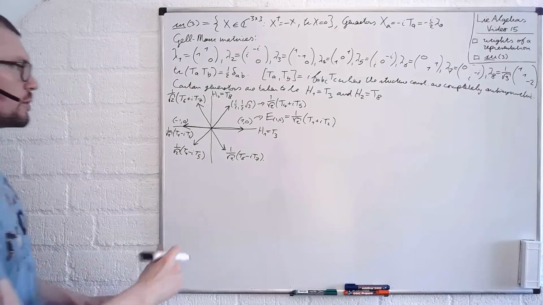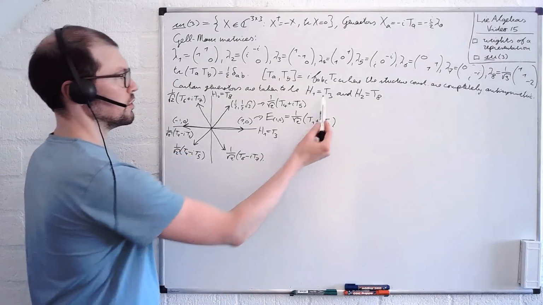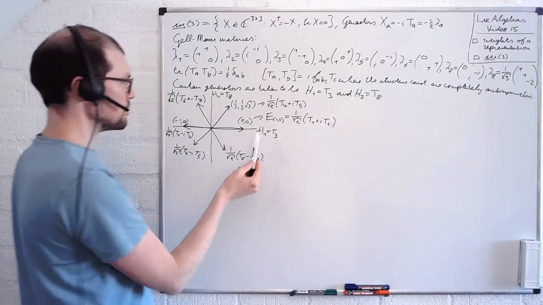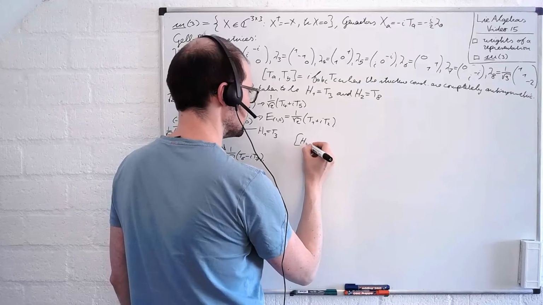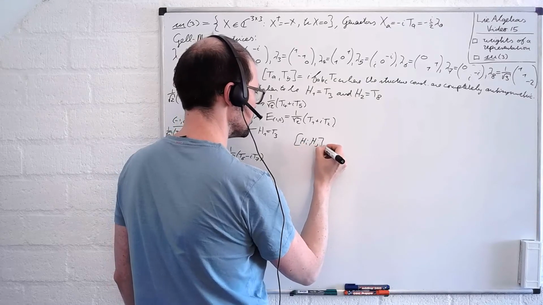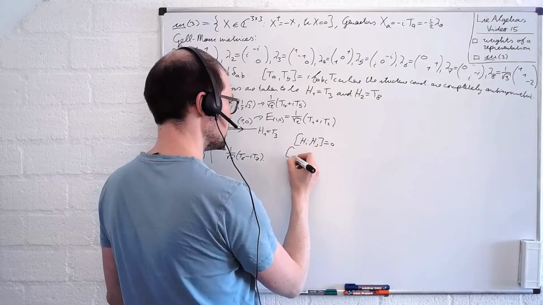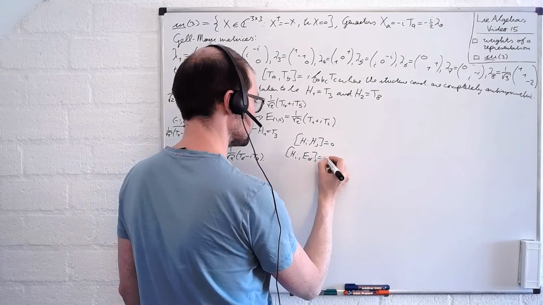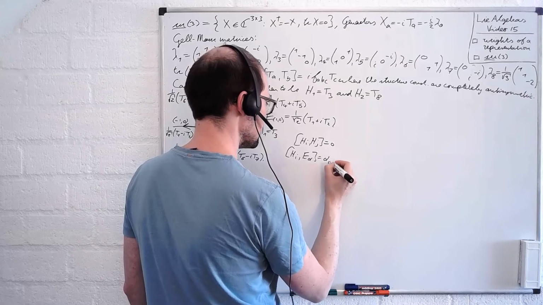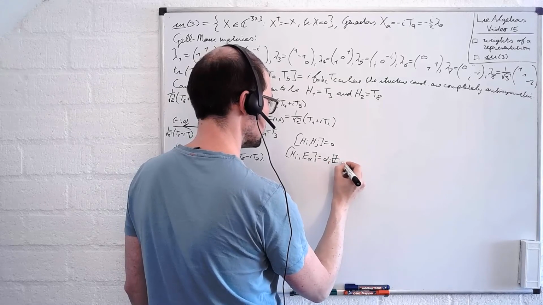And indeed, you can explicitly check with these definitions of H1 and H2 and the roots that H_i, H_j commute, and H_i with E_alpha gives alpha_i E_alpha.